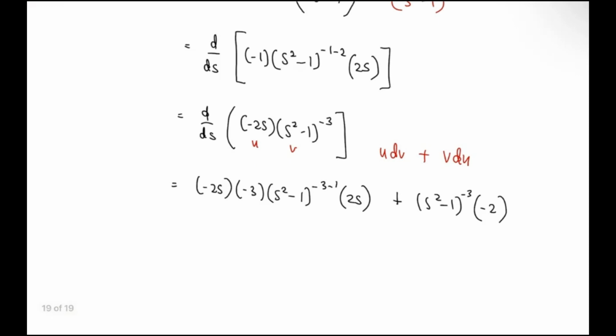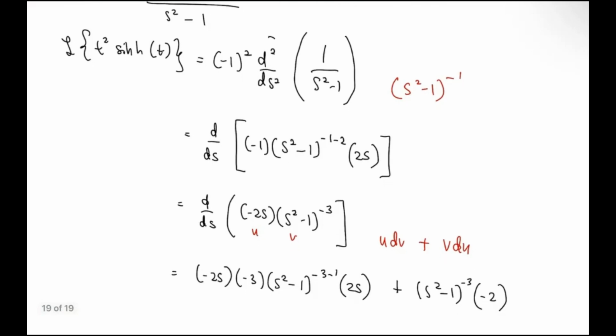So how to get negative 3? This one from here. Not negative 1, negative 1 only. Oh, negative 1. Okay. Sorry, I made some mistake here. Let me change. Thank you. Minus 1, so minus 2, right?